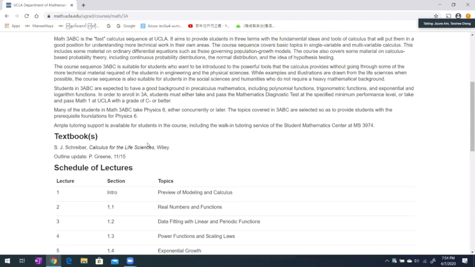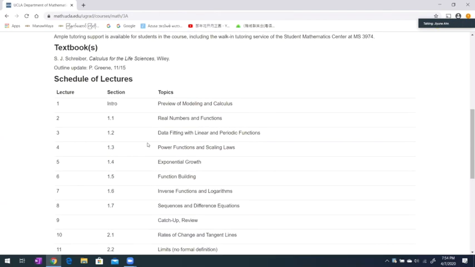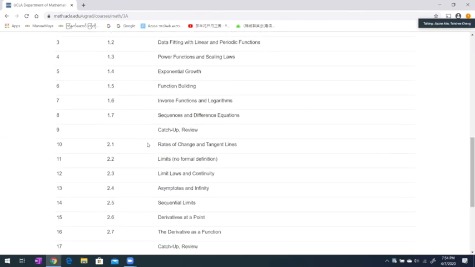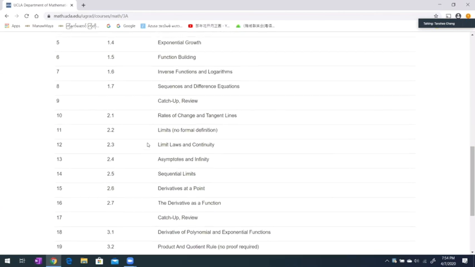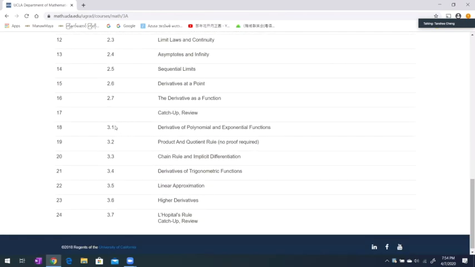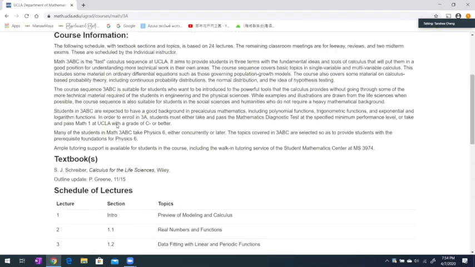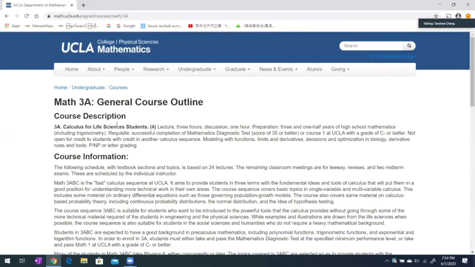Oh, there's the exponential growth you're talking about, and then the rates of change and the limits. But this is not it. This is basically the course outline of what they cover in their first course of calculus. This is calculus for life science students, not the calculus course for engineering.